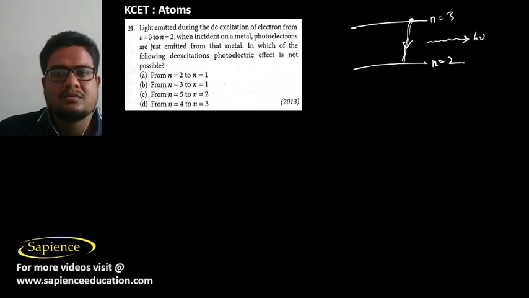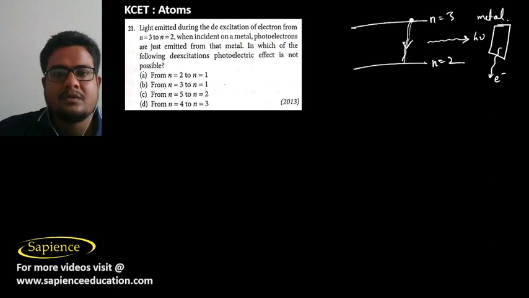Some light photons will be emitted when incident on a metal. Photoelectrons are just emitted from that metal.